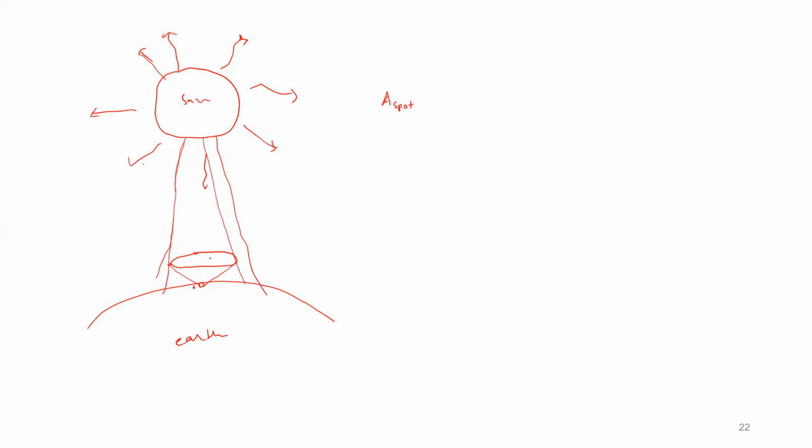Your lens is circular in nature, and we want to determine the intensity S at this area of the spot. So it will be called the intensity at the spot.